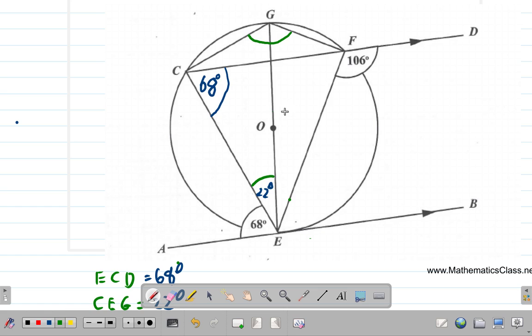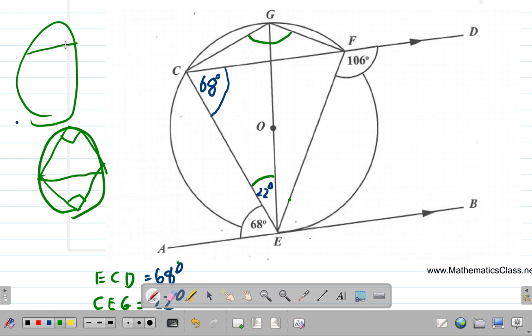Now, with CGF, if you find this angle, then you know that CGF and this angle add to 180 based on the circle theorem. If at the diameter this angle would have been 90 and this angle 90, and even if you shift and make this the chord, this angle and this angle still add up. 90 plus 90 is 180.